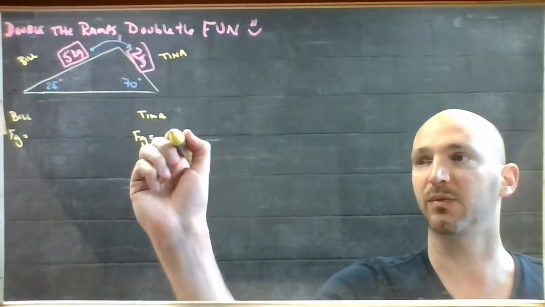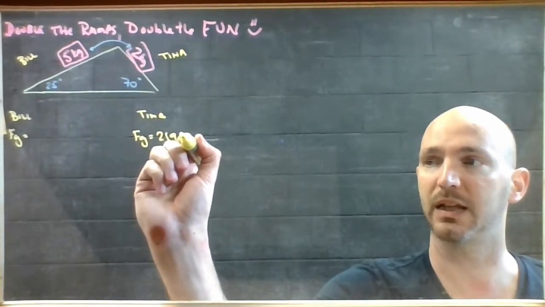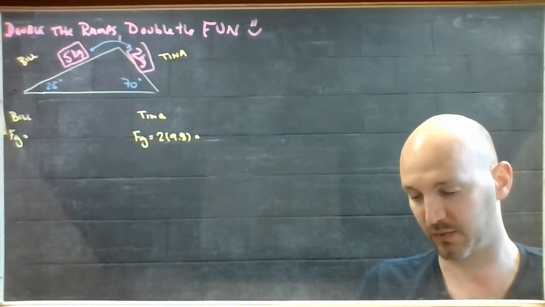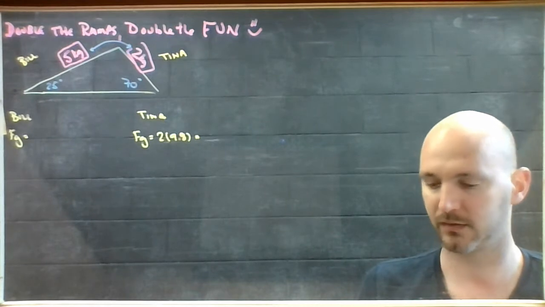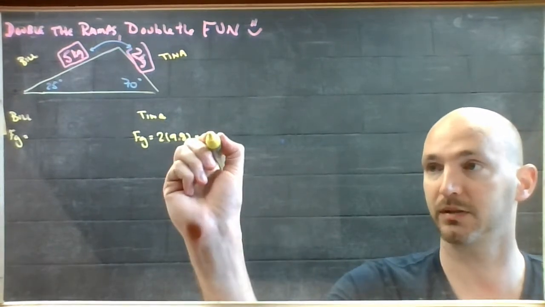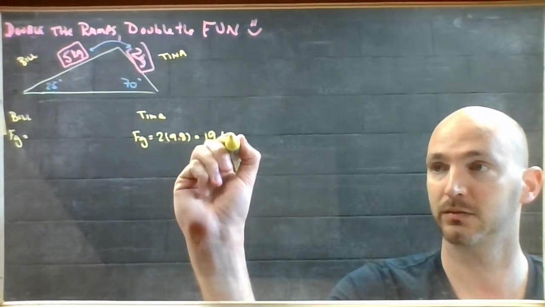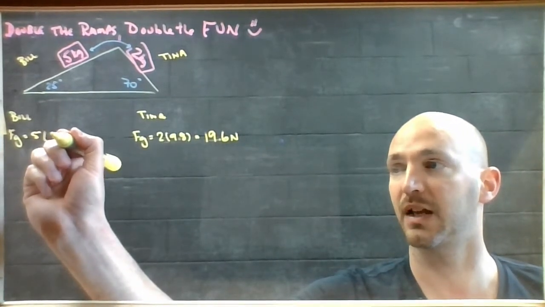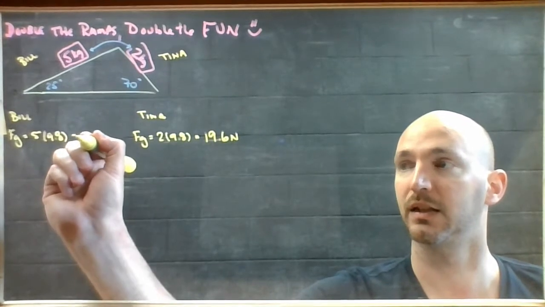So Tina's will be 2 times 9.8, that is 19.6. And Bill's will be 5 times 9.8, and that's 49.